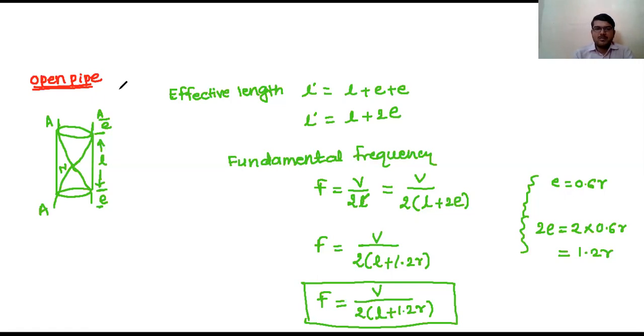Now, in case of closed pipe, how are you getting it? In case of closed pipe, you have only one end correction, because there is only one open end.